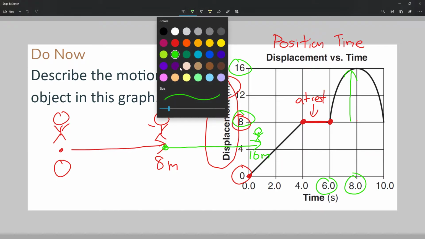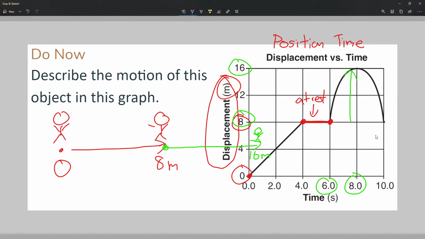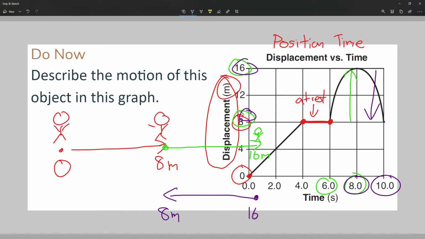And then what happens in the last 2 seconds? Well, from 8 to 10 seconds, you go from 16 all the way back to 8. So you travel backwards 8 meters. And that's what's happening in this graph.